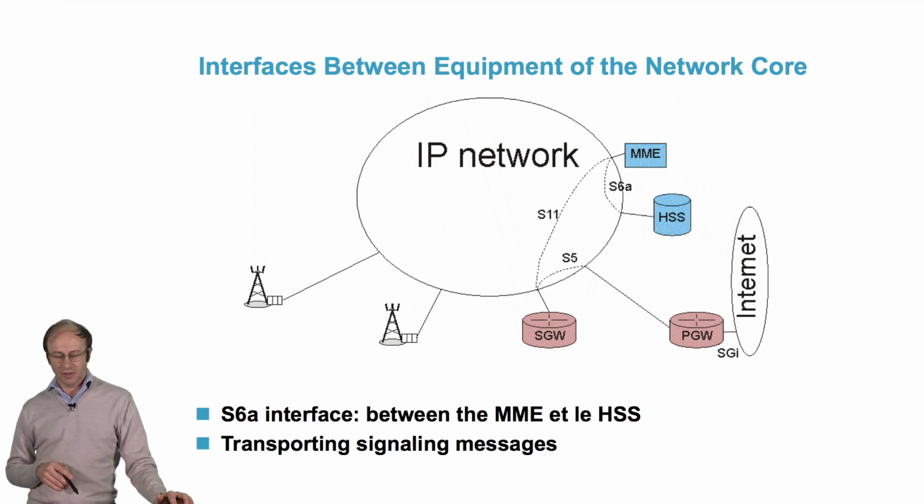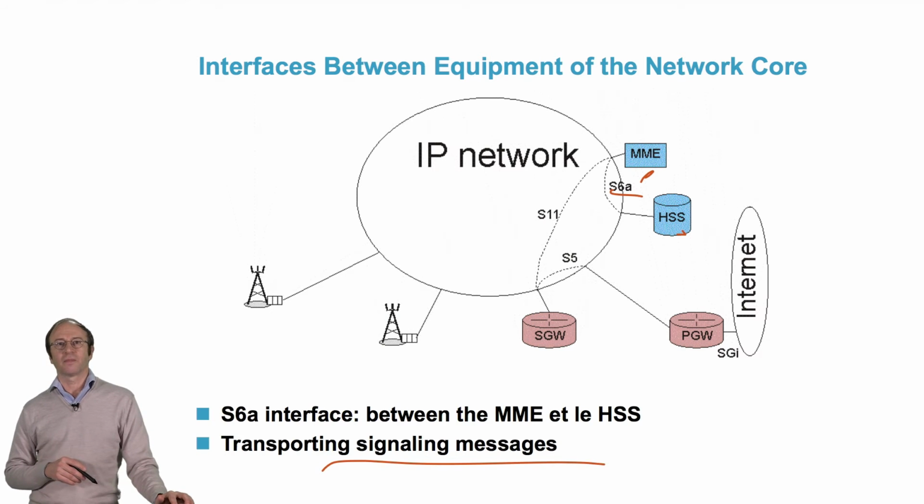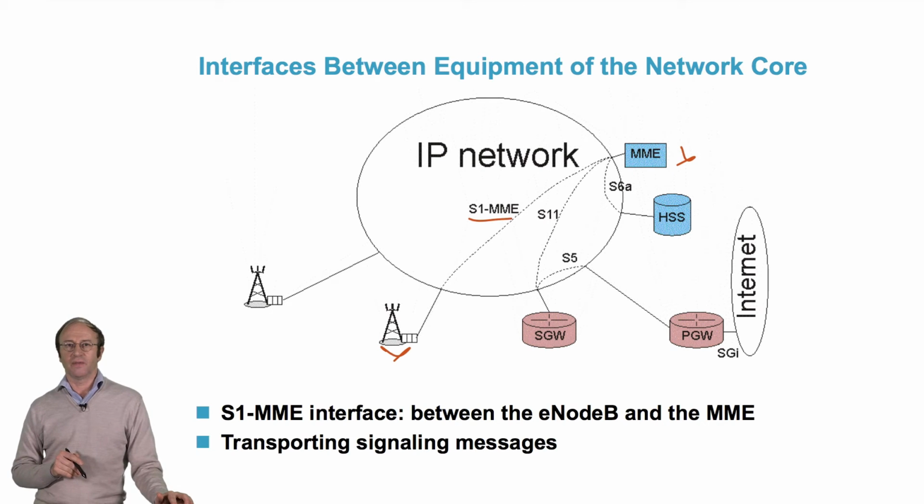We have the interface between the MME and the HSS called S6a, which also only does signaling. The interface between the eNodeB and the MME, called S1-MME, there again, is only for the exchange of signaling.